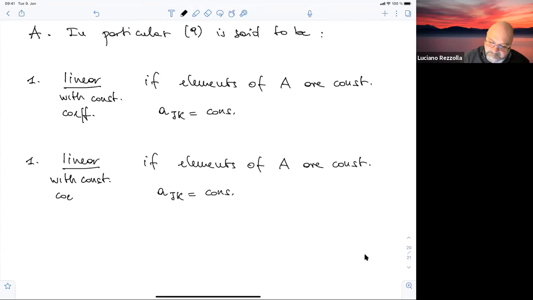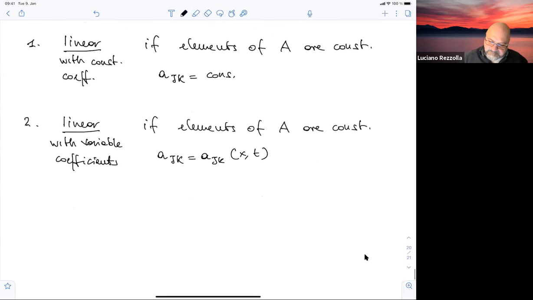This would be linear with variable coefficient if A_jk is not a constant, but are some functions of position and time. So this is number 2.